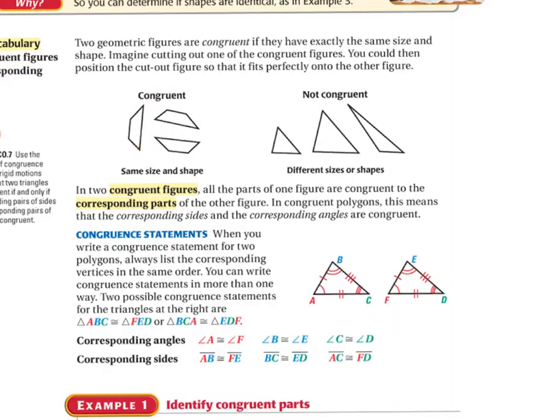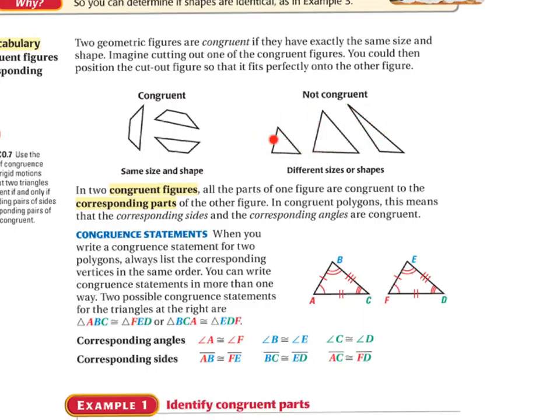On the other side over here, the not congruent shapes, like the first triangle and the second triangle, appear to have the same angle measure, but the sides are bigger on the second triangle. And then with the second and third triangles, they're about the same size. However, our sides are completely different there.